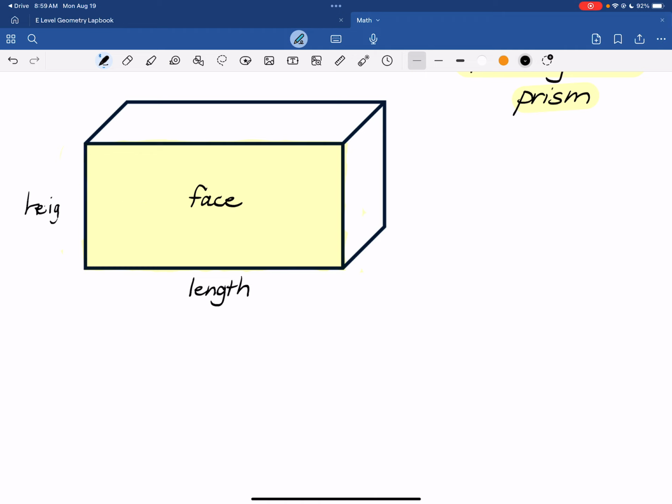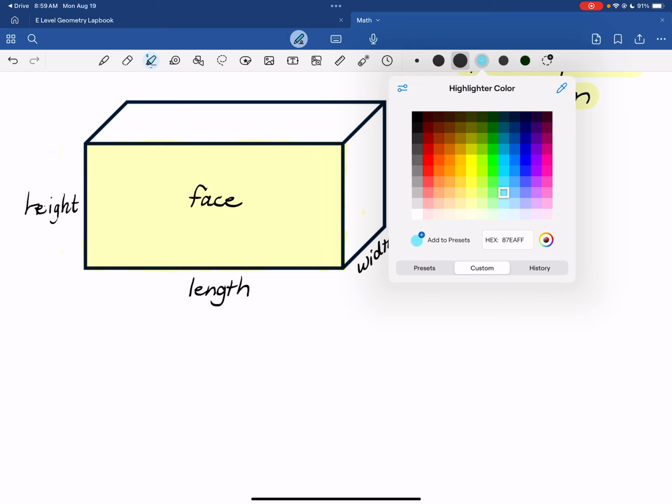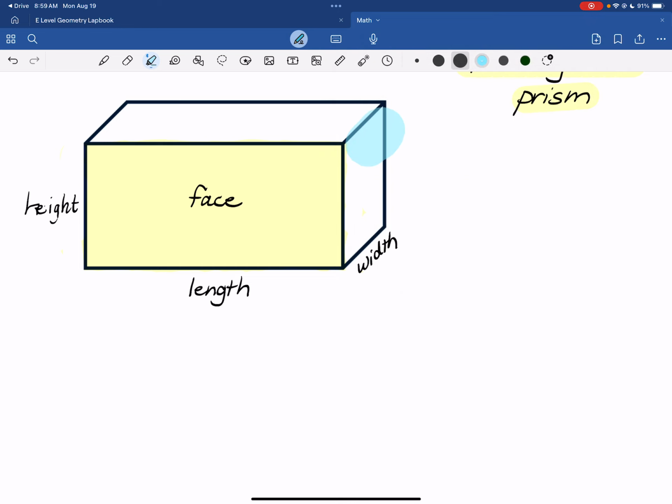I did figure out what's causing that, but I don't know how to fix it immediately. So if we bring in the width, let me color one more face for you. Right here we have on the width the blue face. This could be a square. I can't really tell without knowing the dimensions, but we will just call it another face.